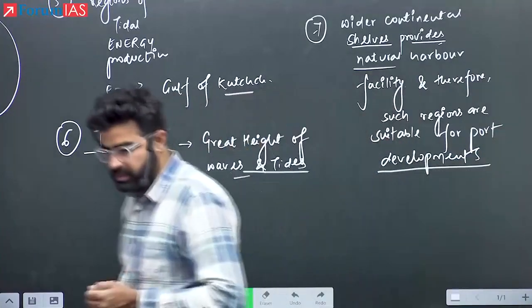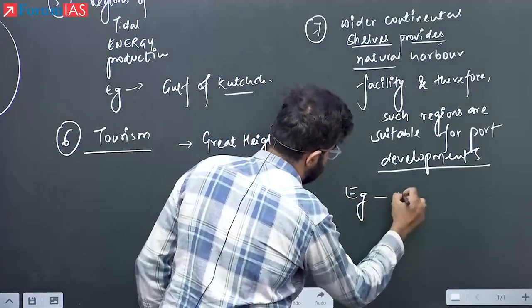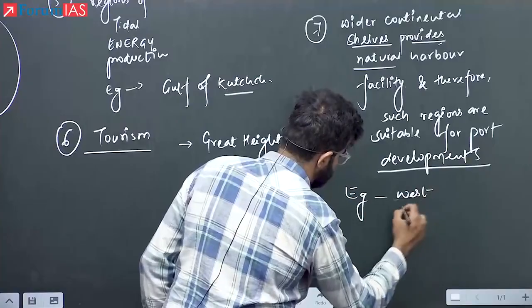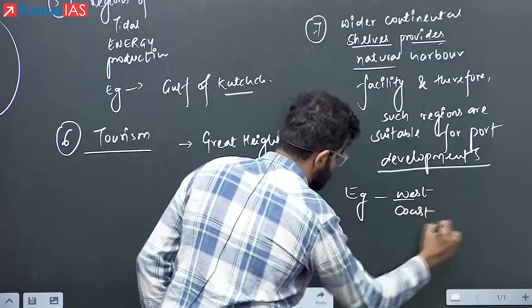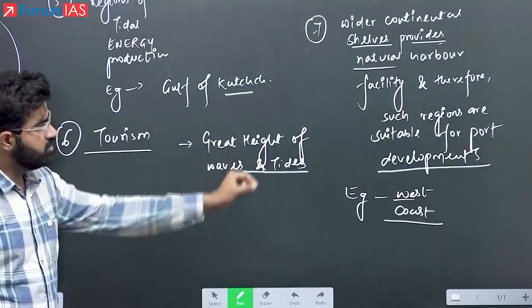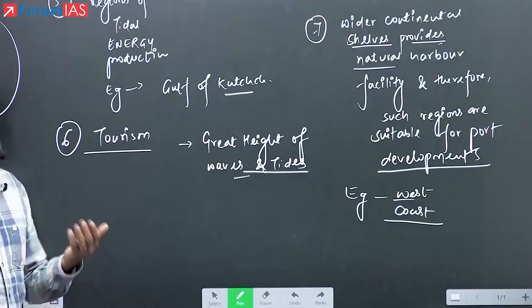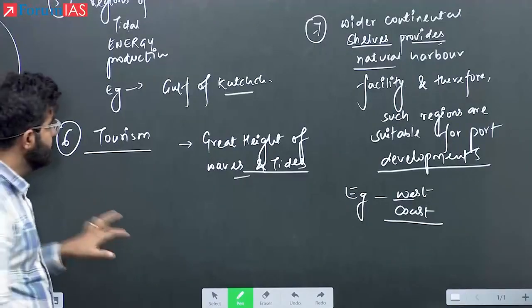For the example here, we will give the west side of India, the western coast of India, which has the extensive continental shelf, and therefore the natural harbor facility is supported here, and hence major ports are located on the western side.